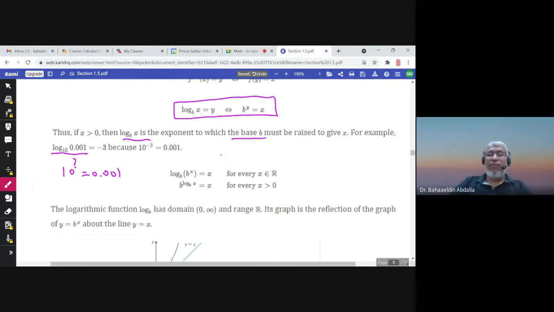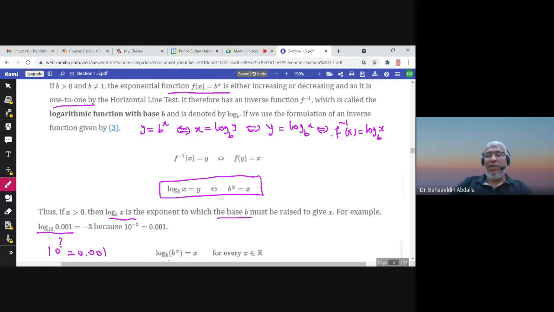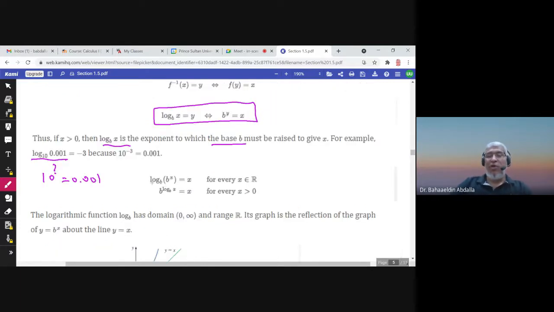Now, since we have f and f inverse, this is f and this is f inverse. If you find their composition, you will find something like this. Log of b to the x, to the base b, should be equal to x because f inverse circle f is x. And f circle f inverse is x.